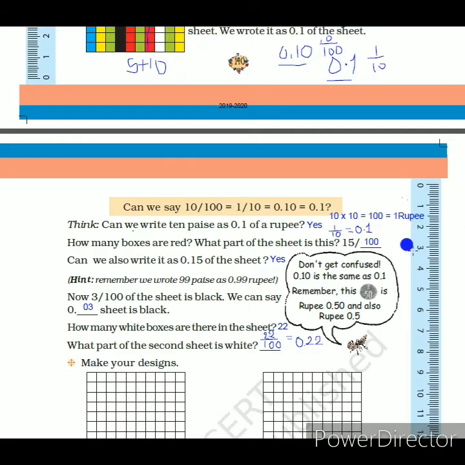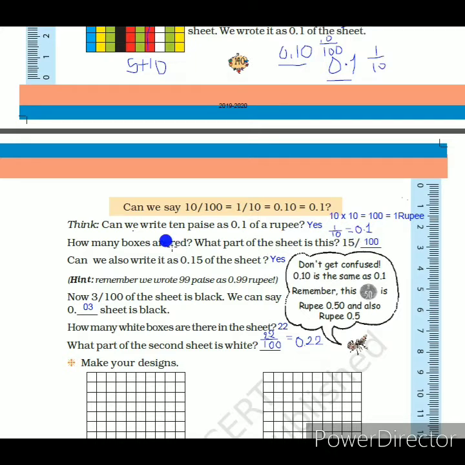That means 10 times 10 paise together form 1 rupee or 100 paise. That means one 10 paise is one part of 1 rupee. So in fraction form we can write it as 1 by 10. One 10 paise equals 1 by 10 of 1 rupee. When we write it as a decimal fraction, we can write this as 0.1. Yes, so 10 paise we can write as 0.1 of a rupee.